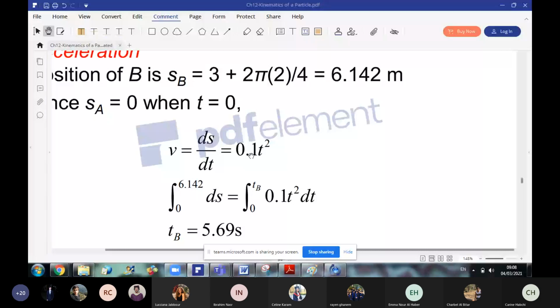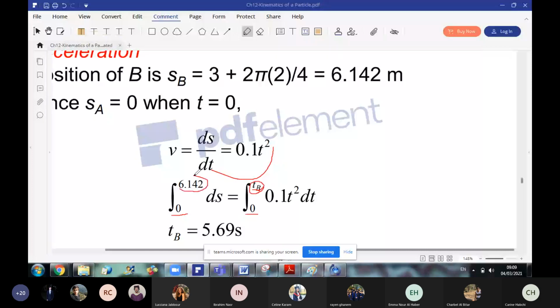I take dt to the other side to separate variables, and I can integrate from t equals 0, which corresponds to s equals 0 because I was at the origin of s. The second boundary is the final time tb, at which corresponds s of b.